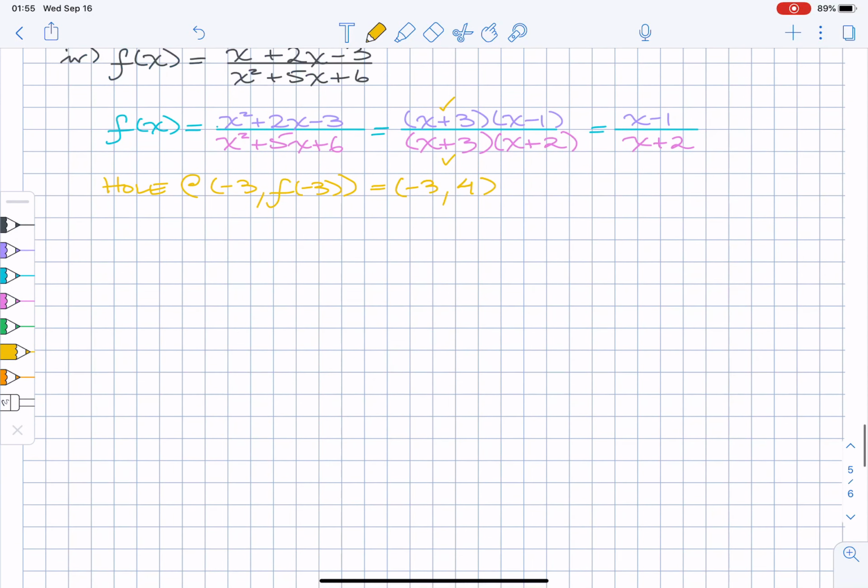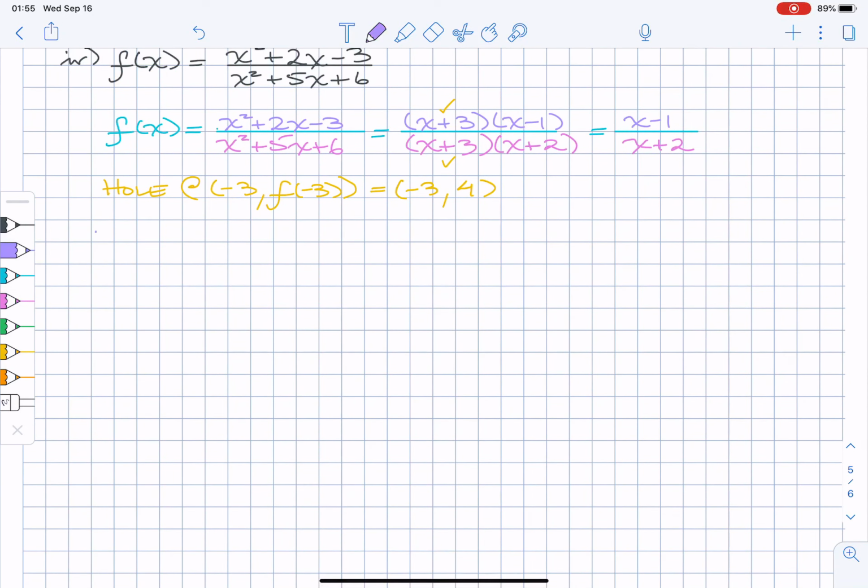So there's my hole. My x-intercepts are going to be at x equal to 1. That's all that we have, right? Just what's in the numerator, and there's only a single factor in the numerator. My vertical asymptote will be at x equals -2.